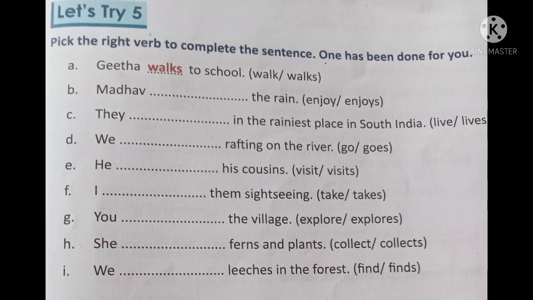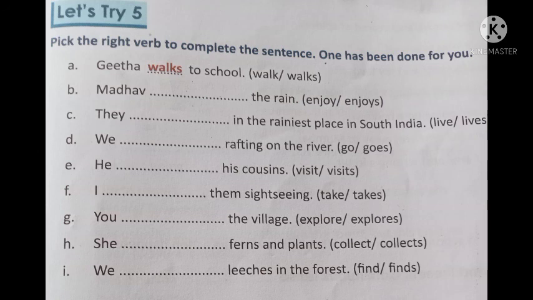Goes is with es form, so we will not use it. That's why we will use go, because go is a verb without s or es form. The right answer is go. We go rafting on the river.